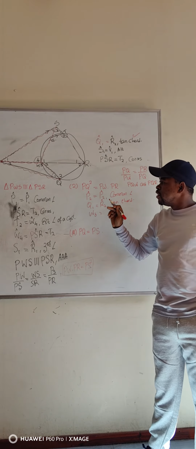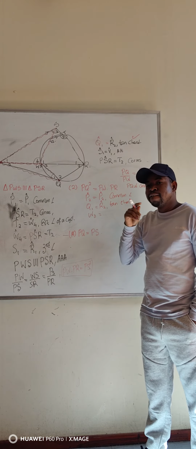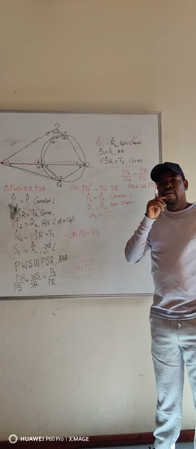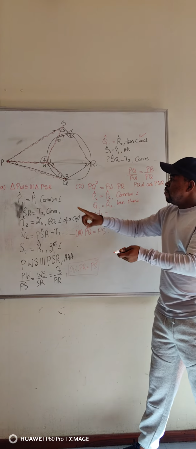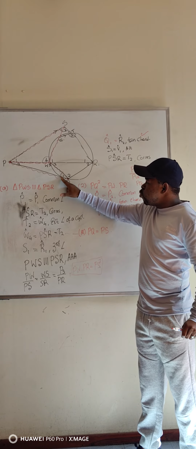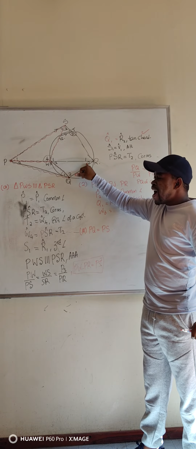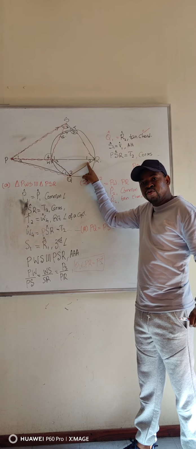You're in the exam there. It's equal to? No. You have to understand the triangle that you're dealing with. Remember, we said P is common. Number two, we said that Q1 is equal to R2. It means that that is P2 and then that is R2.